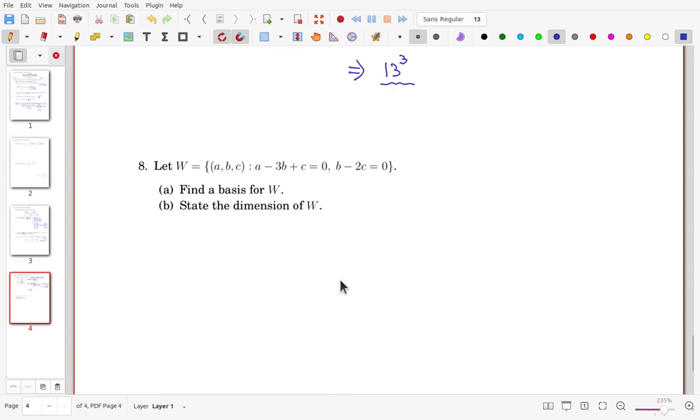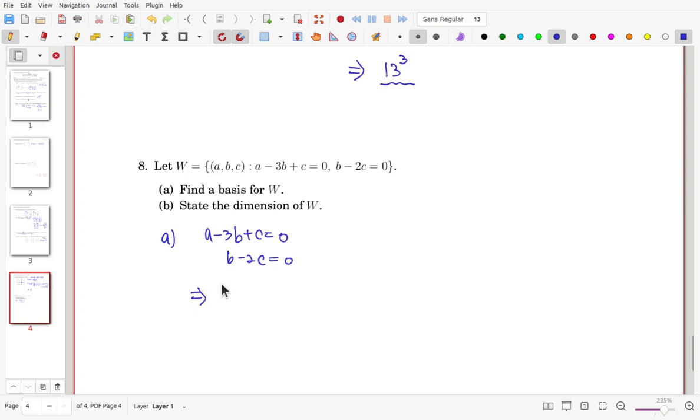Number 8. Now W is a set of (a, b, c) that satisfies these two equations. For this one, we want to find the basis. Okay, for part A, we write down these two equations in this way: a minus 3b plus c equals 0, and b minus 2c equals 0.